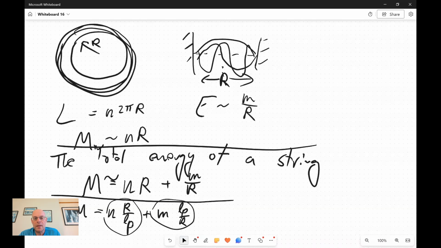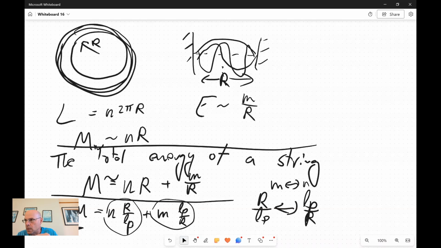So what we see is that the total mass or energy of a string in dimensionless quantities, that's the left hand side, has two contributions. One is r over L Planck, and the other is L Planck over r. T-duality exchanges these two together with m and n.